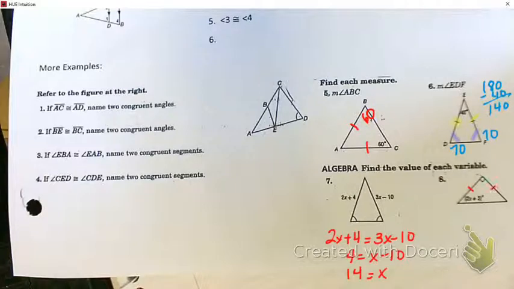These two sides are congruent. So what does that mean about this angle right here and that angle right there? They're congruent. Well, that doesn't really help me a lot. But I see that there's a 90 up here, and I know these are congruent. So if I take 180 and subtract 90, I get 90. That means these two angles at the bottom are equal to 90 together.